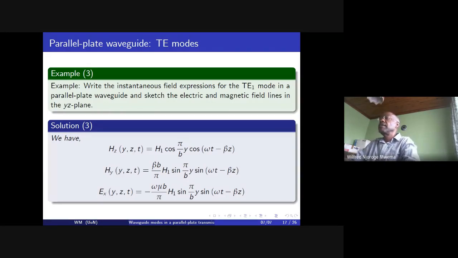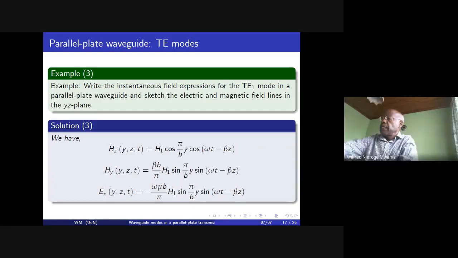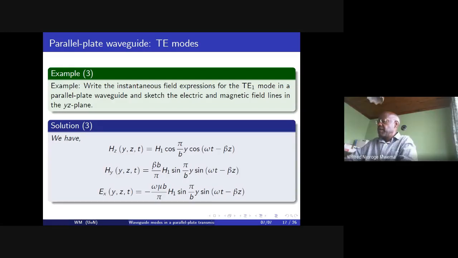Yes? I was asking, would superposition of those solutions also hold? Like a sum of them for the field, for the Hy field that we got. Yeah, but then that will go against what we assumed in the first place. We assumed our waves are moving only in the positive z direction.